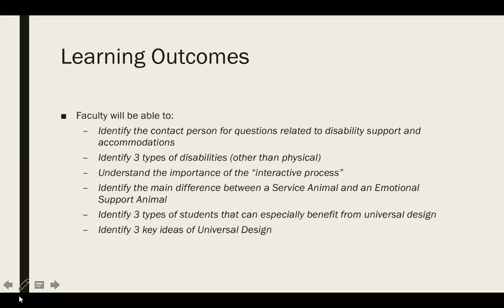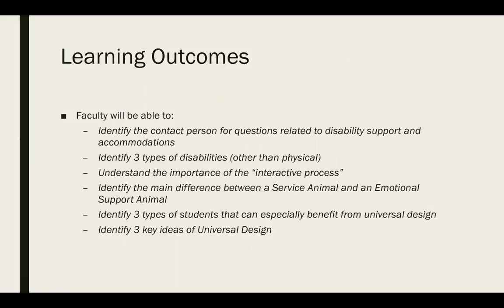So the learning outcomes for this are really focused on the areas that I want faculty to hone in on. Being able to identify the contact person for questions surrounding disability support and accommodations. Identifying different types of disabilities. A lot of times we think of physical disabilities, but often leave out intellectual, mental health, chronic illness, things of that nature.